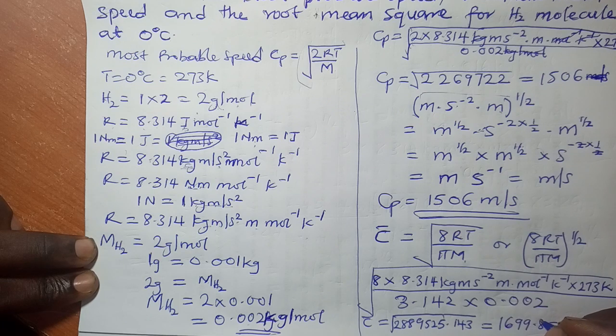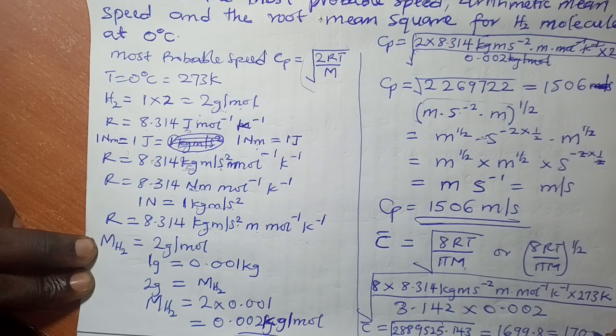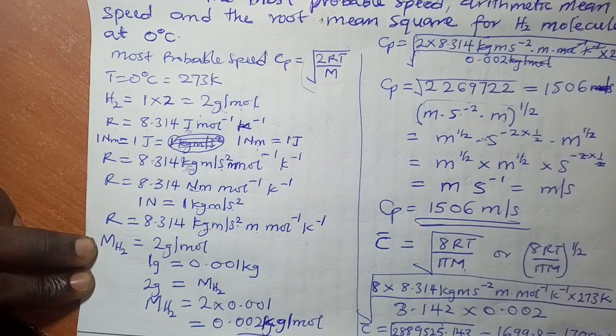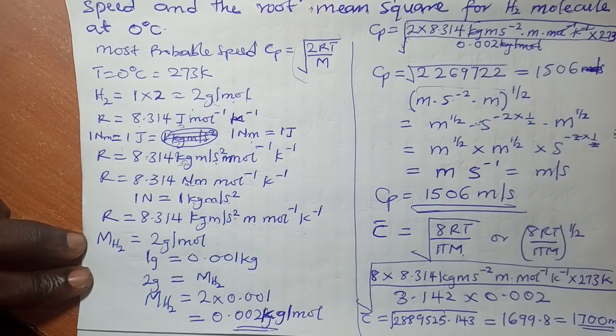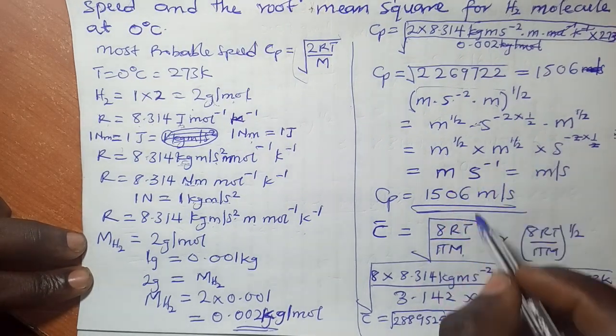But normally if you want to approximate, this one will turn to 1, then this one will turn to 1, and this one will now be 1700 meter per second. Okay, how you got meter per second also is from the same manipulation here.